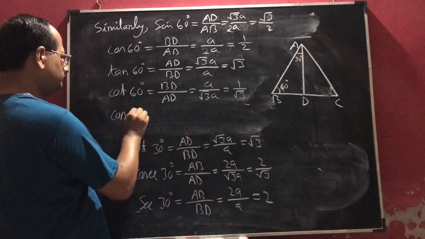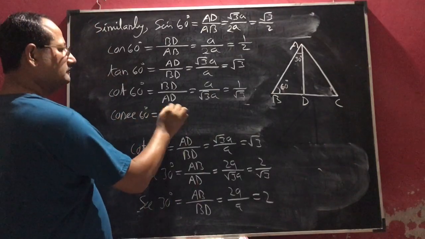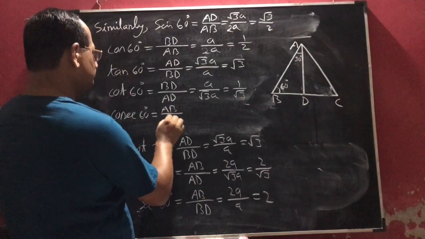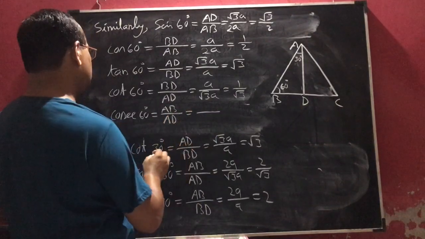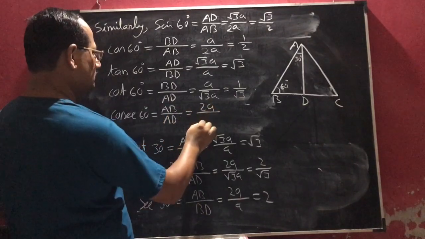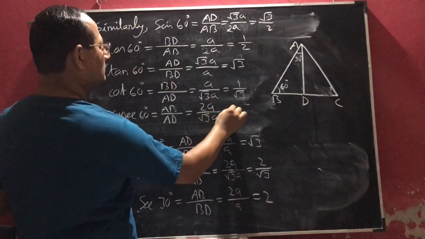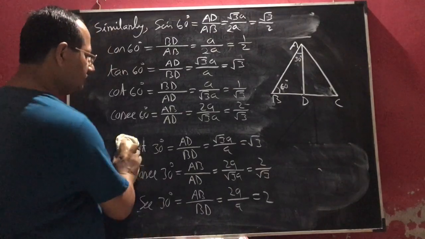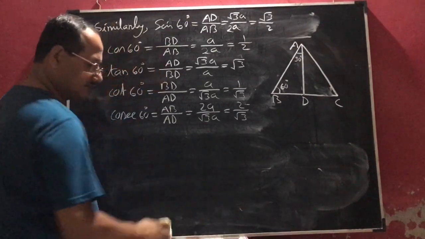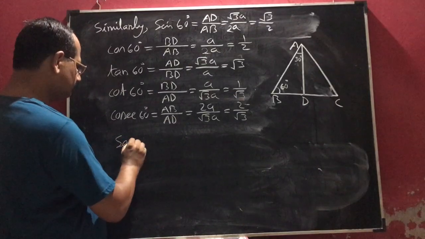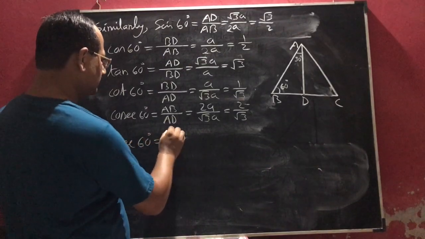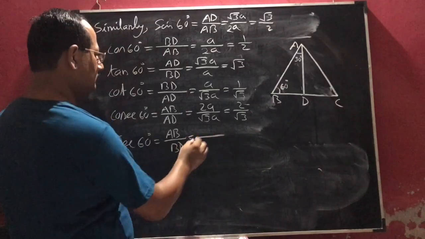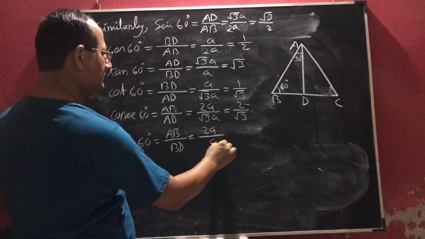Cosec 60 degree is AB by AD, twice a by root 3 a, that is 2 by root 3, and sec 60 degree is AB by BD, twice a by a, that is equal to 2.